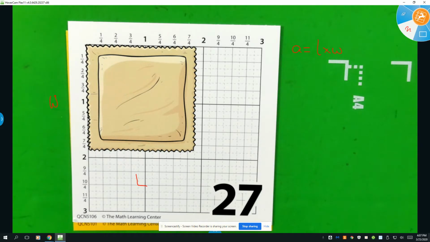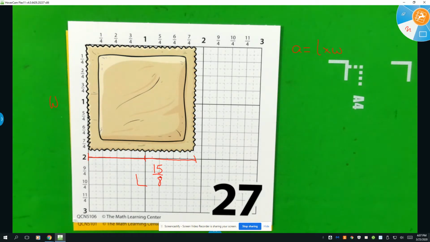So as we are looking at our length from here all the way to here, you can tell it is almost 2 whole. And if we turn that into eighths, okay, so here is 8/8 to here, 9/8, 10/8, 11/8, 12/8, 13/8, 14/8, 15/8.